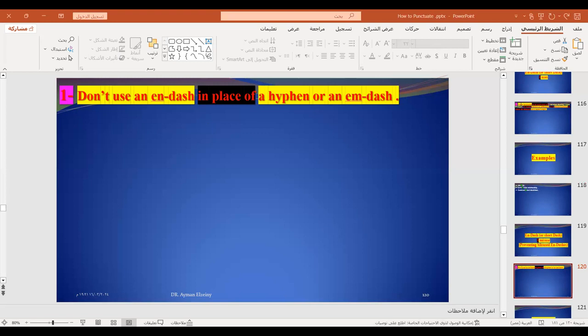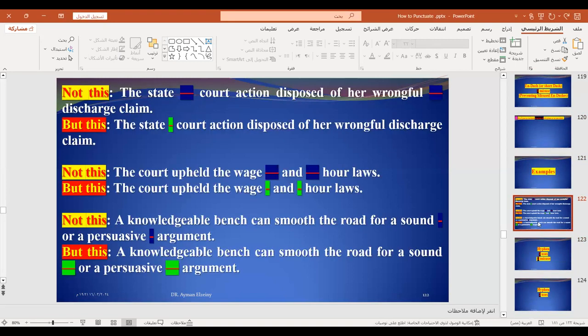For example, in such a case, state-code action divorce of her wrongful discharge claim. Here, we had to put only an en dash: state-code action.